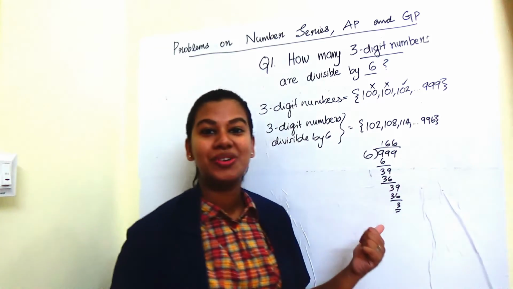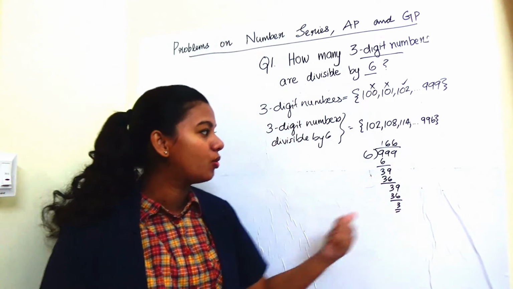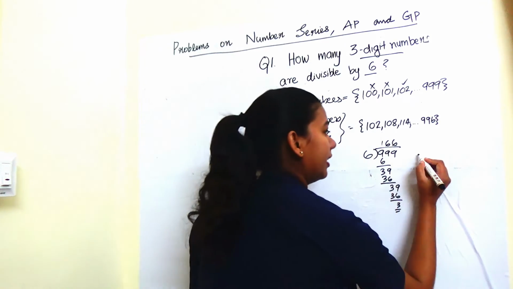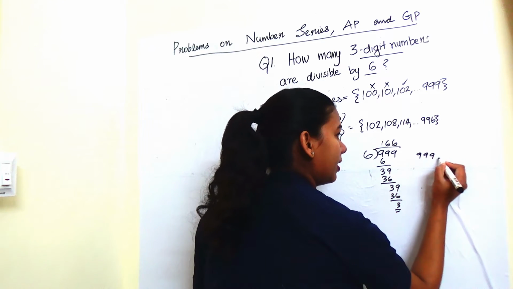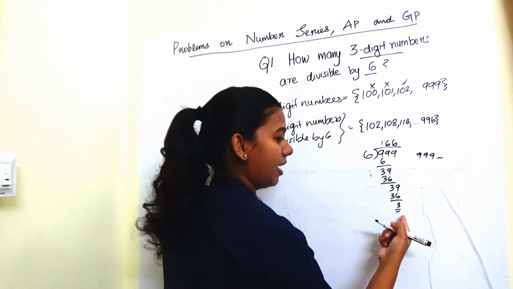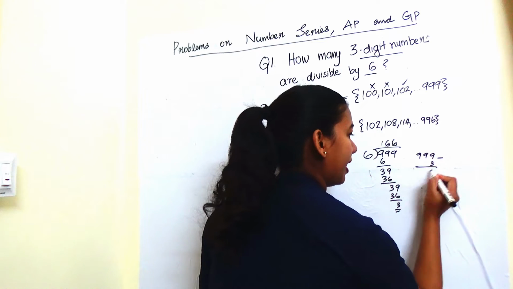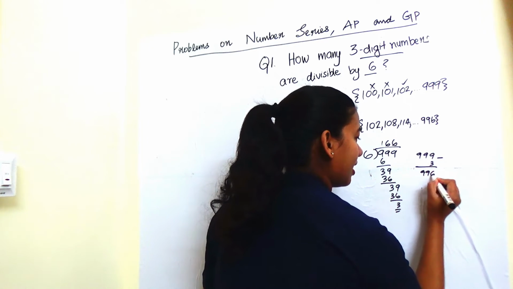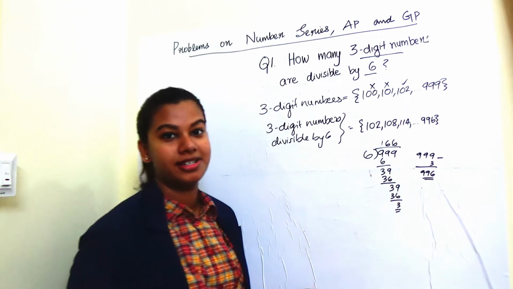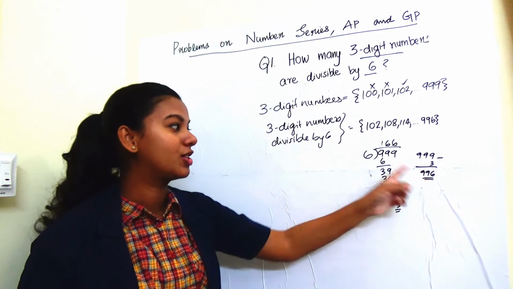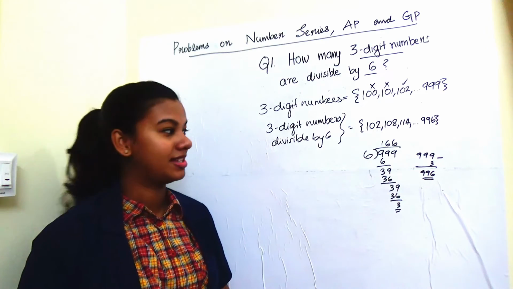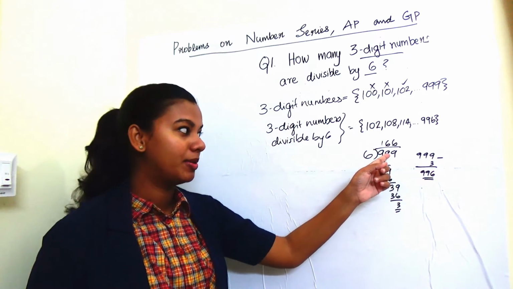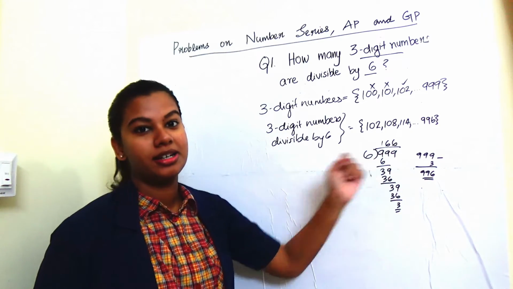So I get 3 as the remainder. So I write 999 minus the remainder, I get 996. So 996 will be divisible by 6 and it will be below this dividend.